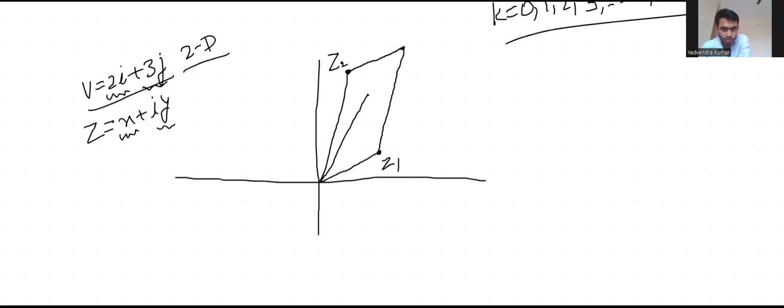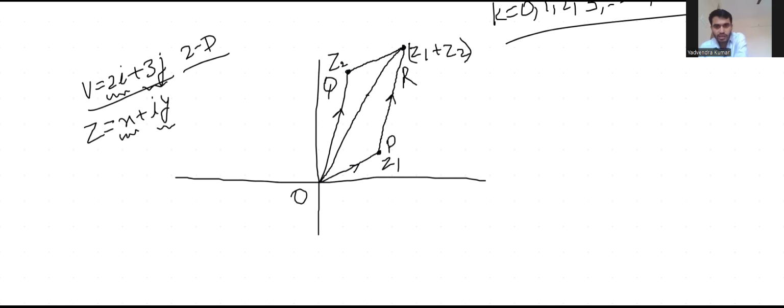So this top is going to be Z1 plus Z2. This is the property of vector, right? Yes. Now, here, let's name the point O. This Z1 complex number is at point P. This Z2 complex number is at point Q. And this Z1 plus Z2 complex number is at point R. So this point is R.